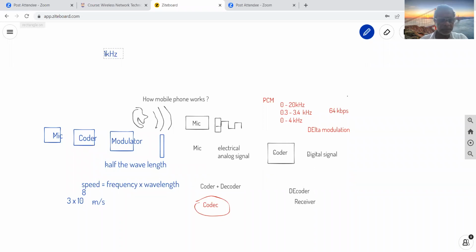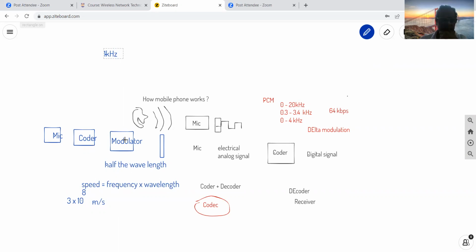The speed is 3 into 10 to the power 8. 3 into 10 to the power 8 is equal to the frequency, 1 kilohertz, that is 1 into 10 to the power 3.